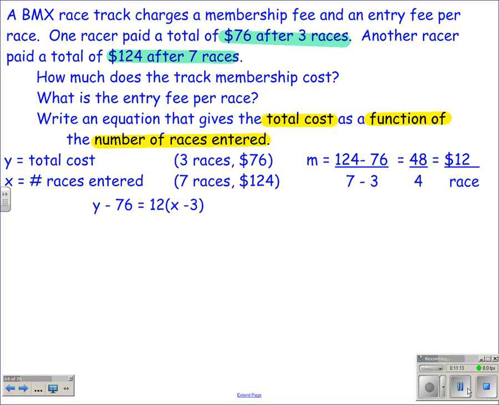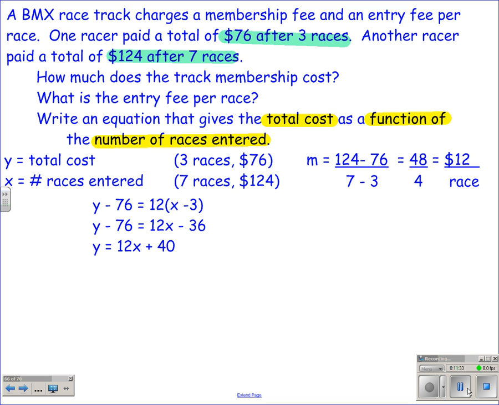We'll use the first point, y minus 76 equals 12 times the quantity, x minus 3. Use your distributive property on the right, and you'll have y minus 76 equals 12x minus 36, and then get y all by itself. So we'll have y equals 12x plus 40.